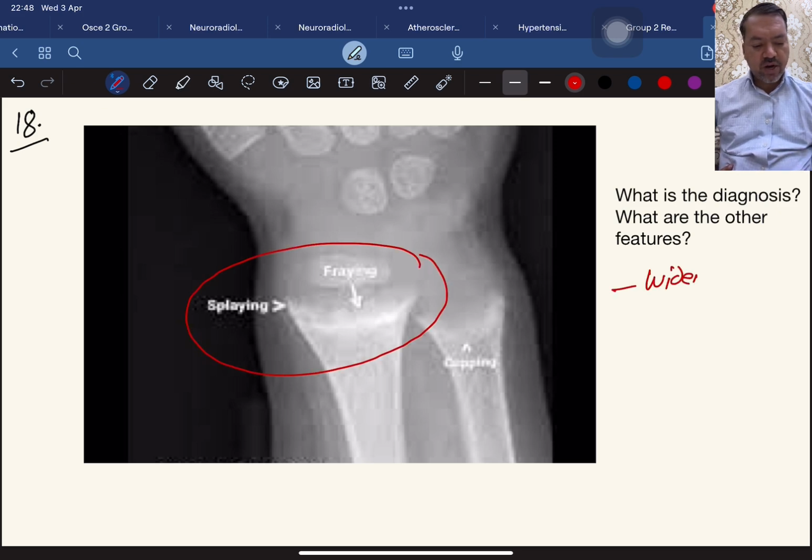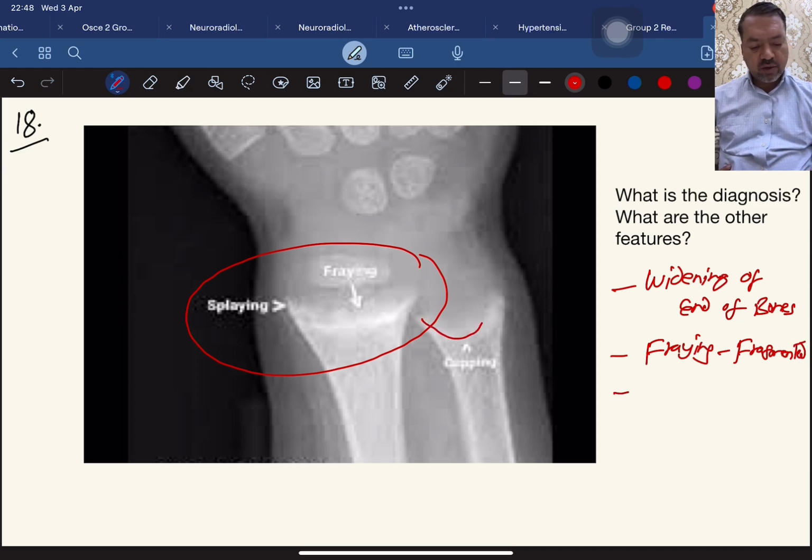This is called widening of the end of the bone, or widening of the metaphysis or epiphysis. Number two is fraying. Fraying means it looks fragmented, like broken.